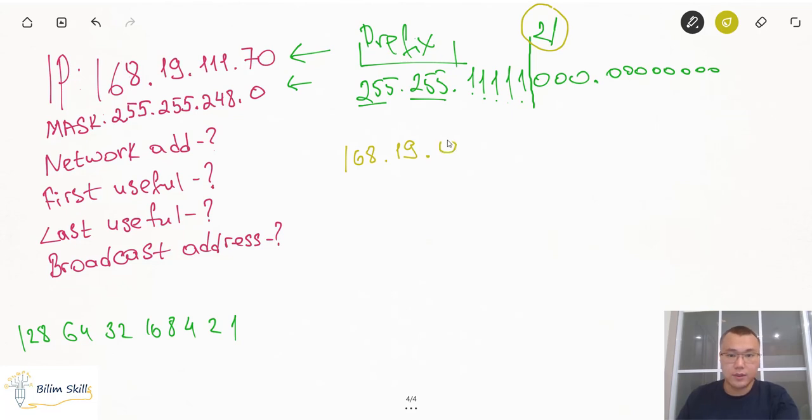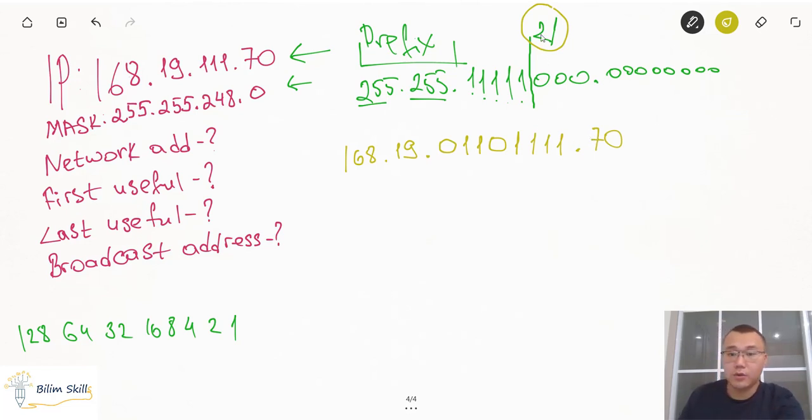111 in binary means the first bit is 0, the second is 1, and so on, with the remaining bits being 1. The 17 we don't need to convert, though if you wish you may.